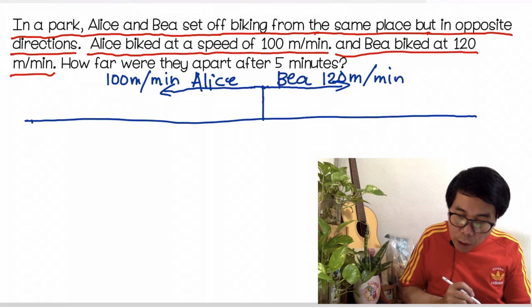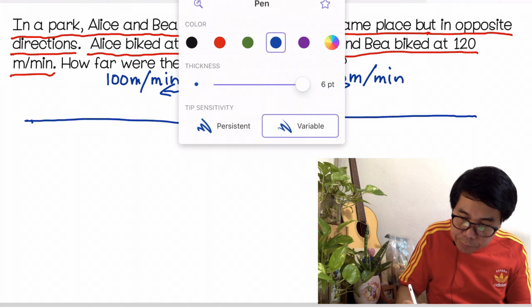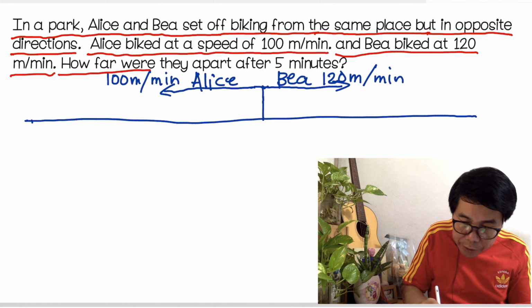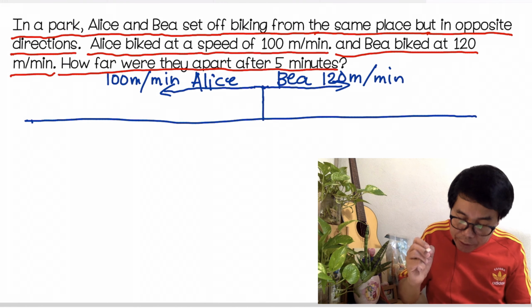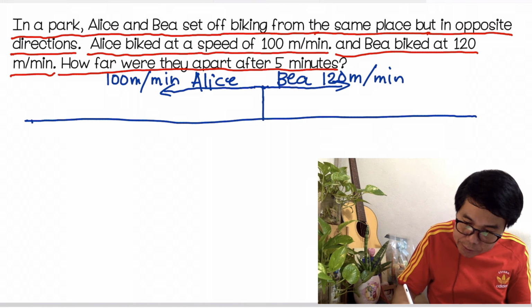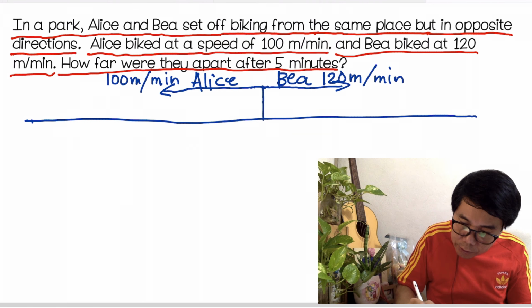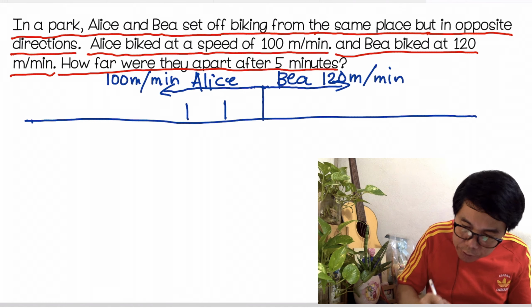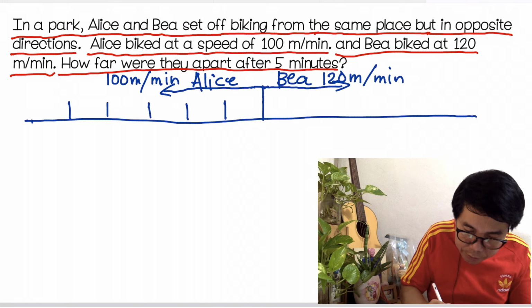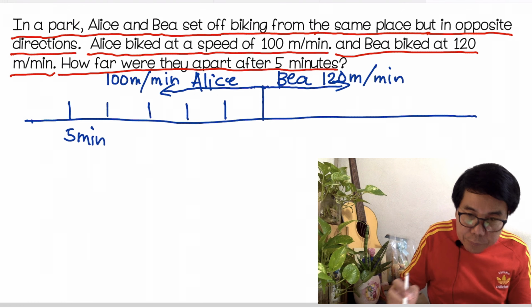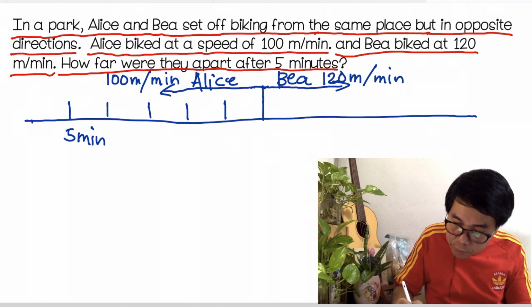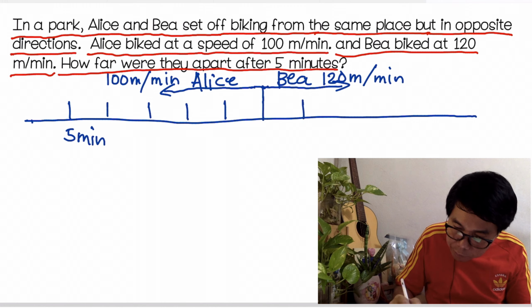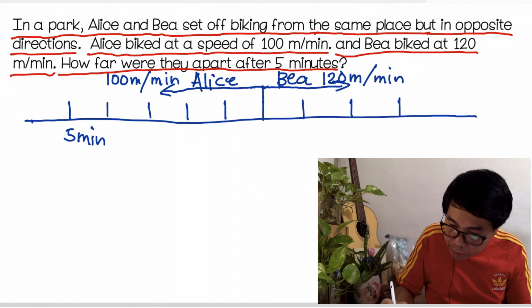Now, how far were they apart after 5 minutes? After 5 minutes. So this is 1, 2, 3, 4, 5. This is 5 minutes. And this is 1, 2, 3, 4, 5.